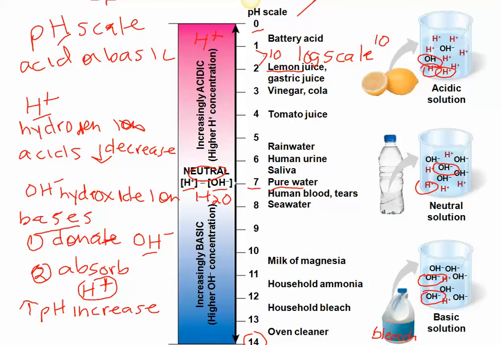And in terms of how many more or less hydrogen ions are present, remember, as you go closer to 0, you're increasing the number of hydrogen ions. So if we're going down the scale from pH 1 to pH 2, at pH 2 we have 10 times less hydrogen ions than at pH 1.